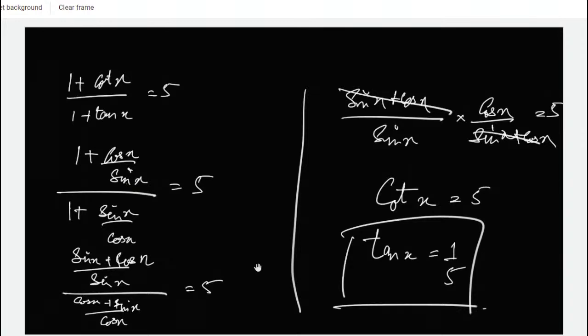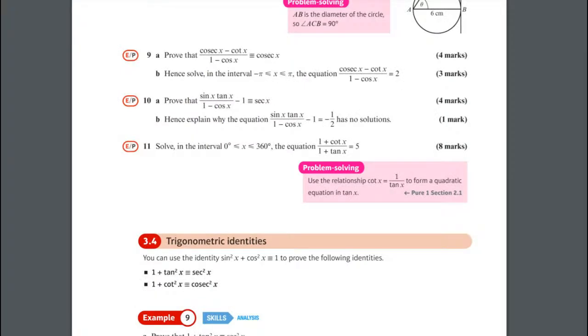There must be some reason for it. Let me look at the question again. Tan x is minus 1. If it is giving me an interval of 0 to 360 degrees, in that I can have tan x equal to minus 1.